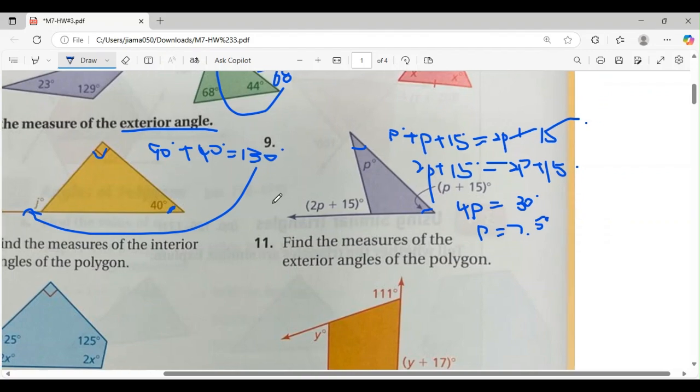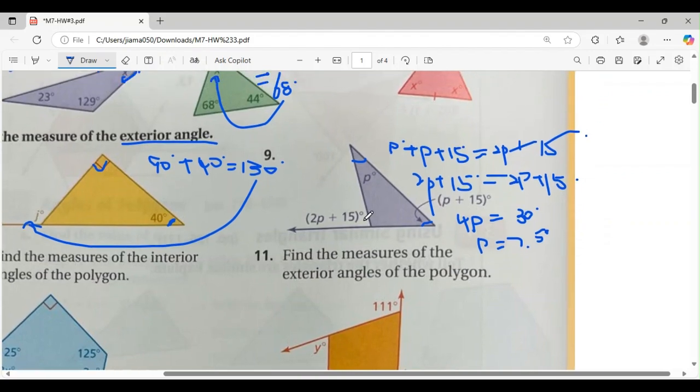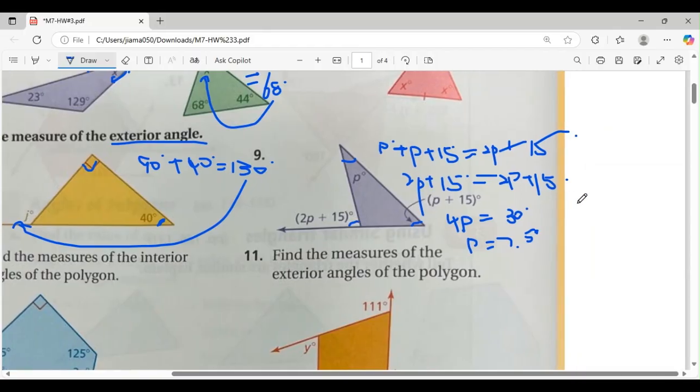Okay, so let's find the interior angle. This one: 2 times 7.5 plus 15 degrees equals 15 plus 15, which equals 30 degrees.